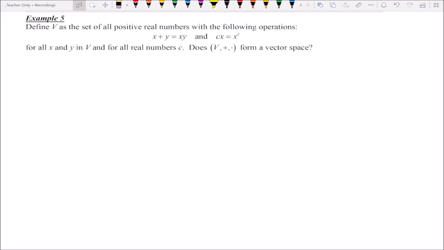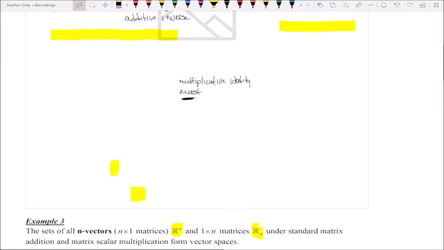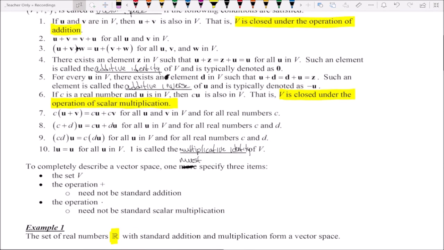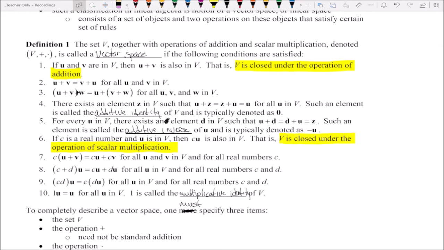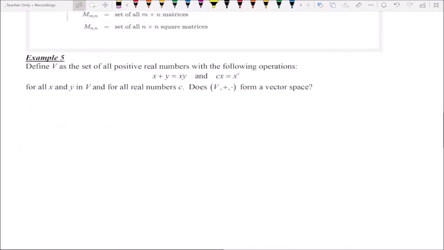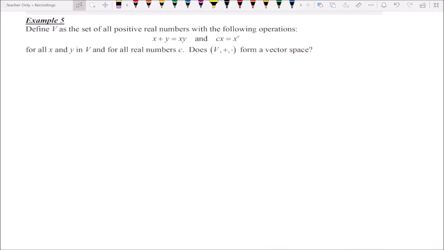Right, so remember, in order to form a vector space, it has to satisfy these 10 properties. So first, let's check if it is closed under addition.